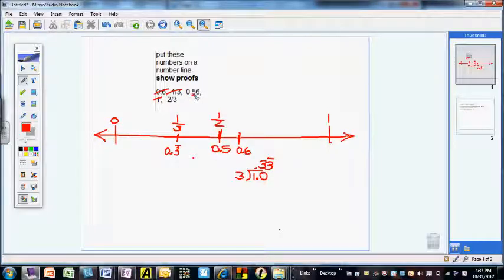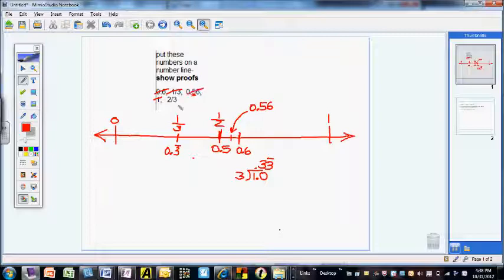This is 5/10, right? So this is 56/100. That's a little bit more than halfway to 6/10. So 56/100 falls there. And since I can't write as small as you can, I'm going to have to draw an arrow and write the number up here.